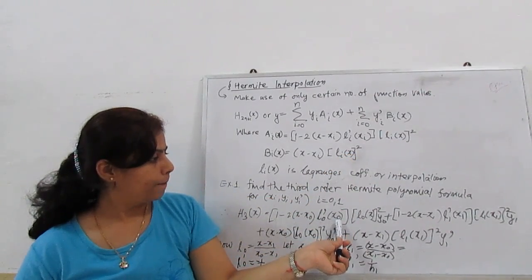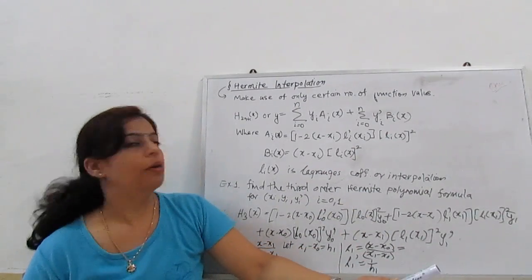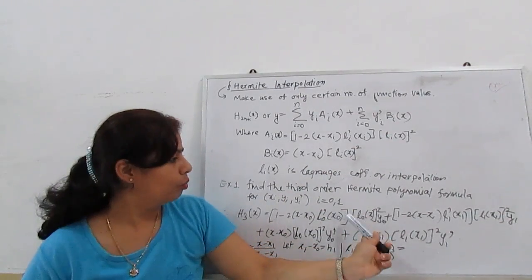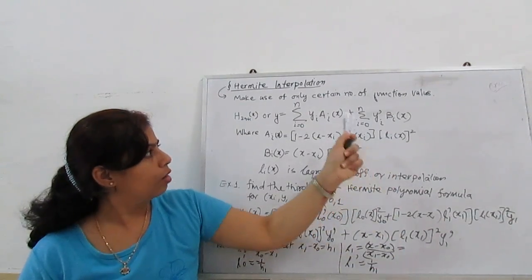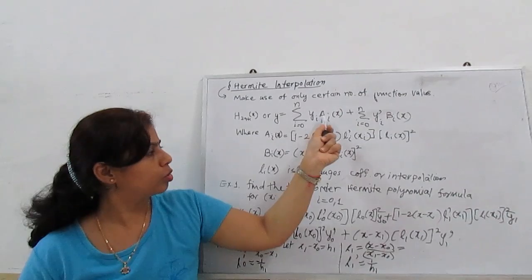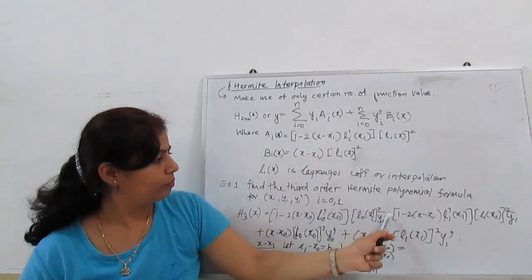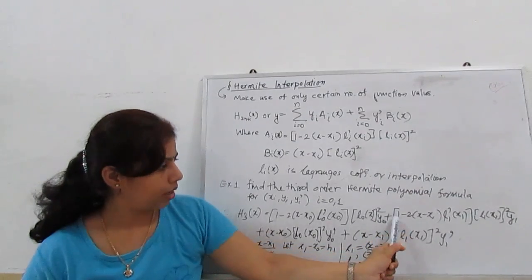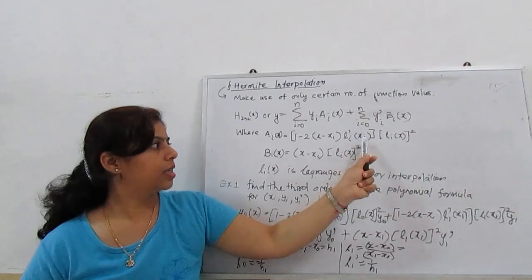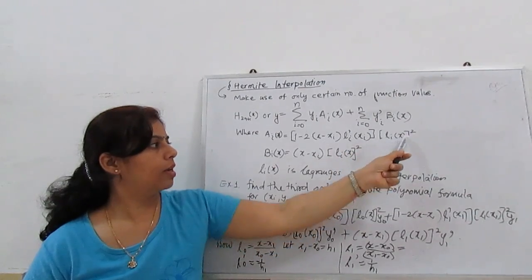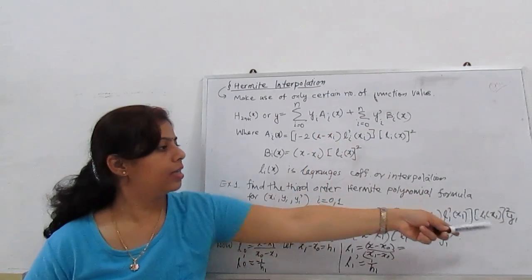Then, before the second term, we have to substitute yi also, because for i equal to 0 it's y0. Next, plus 1 minus 2(x minus x1) L1 dash(x1) into L1(x) whole square, times yi, which is y1.